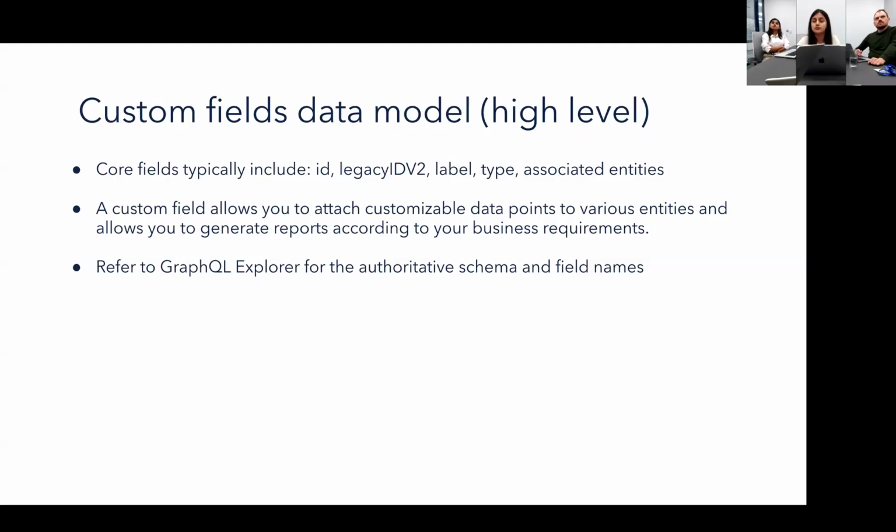And that depends upon the type of QuickBooks product that you own. By adding custom fields to your entities, you would be able to track your data efficiently, and also generate reports as per your business requirements. If you would like to refer to the other fields and attributes that are present within the custom field, you can always refer to the GraphQL Explorer to get more idea on the authoritative schema and the field names.